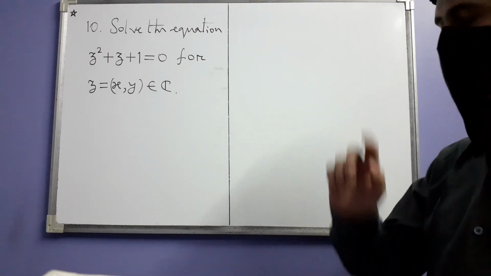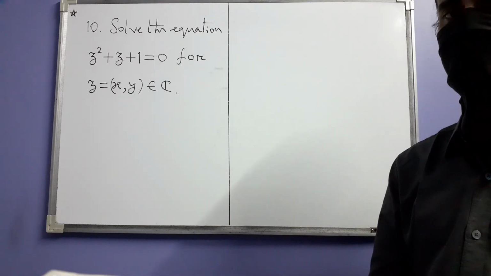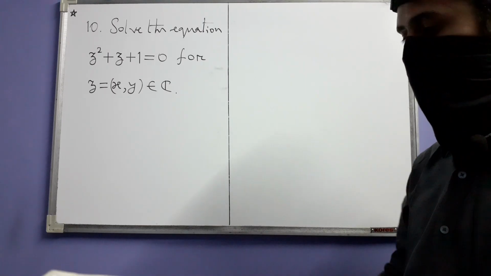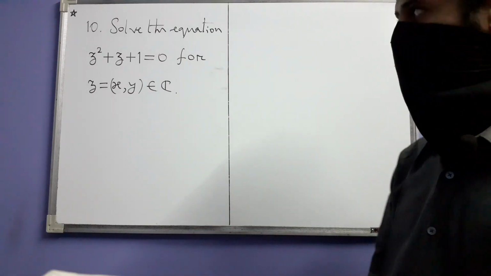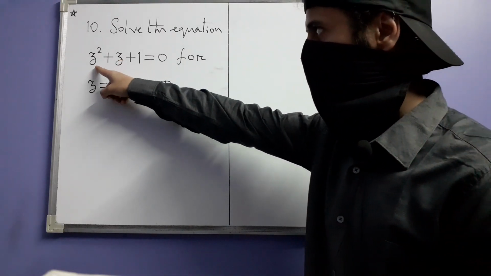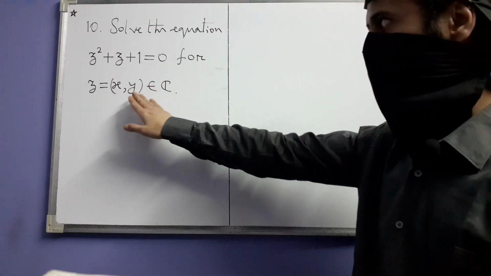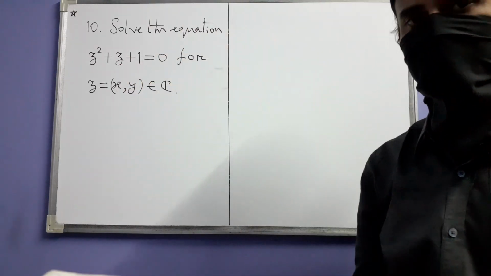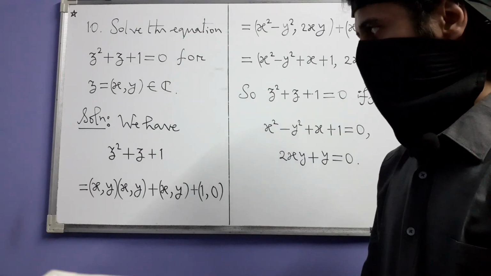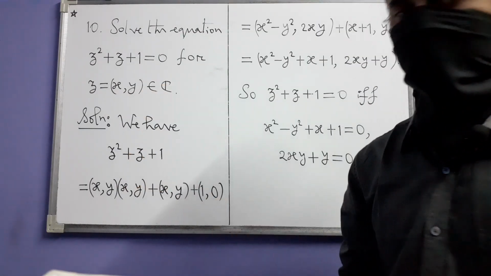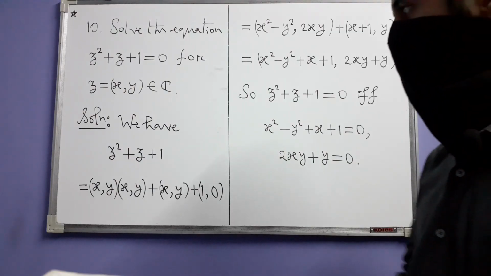This is about solving a polynomial equation, but within the system of complex numbers. The equation is z squared plus z plus 1 equal to 0, which we have to solve for z, which is a complex number. In the solution, we consider the polynomial separately.